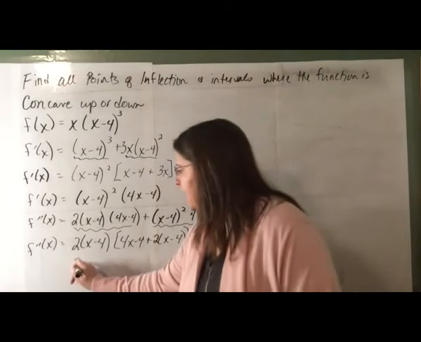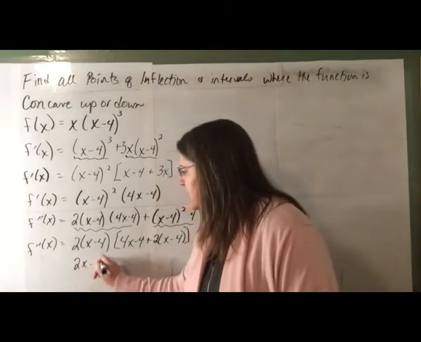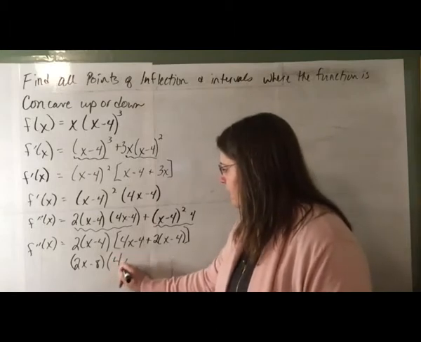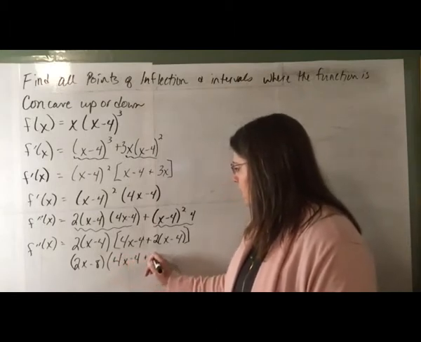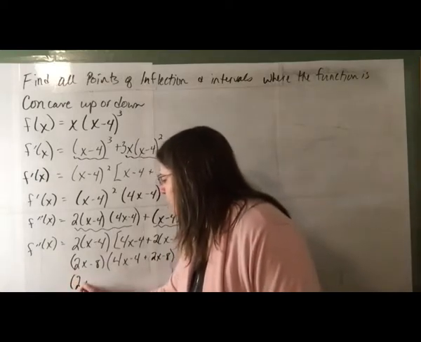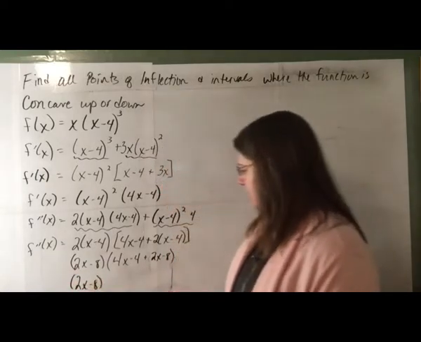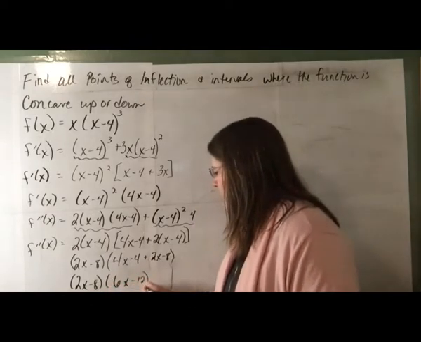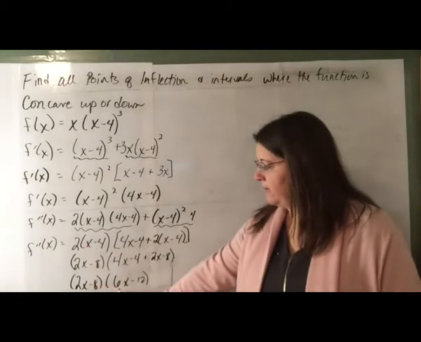So I have a 2x minus 8 times, let's see, that would be a 4x minus 4 plus 2x minus 8. So I have a 2x minus 8 times 6x minus 12. So that is the second derivative.